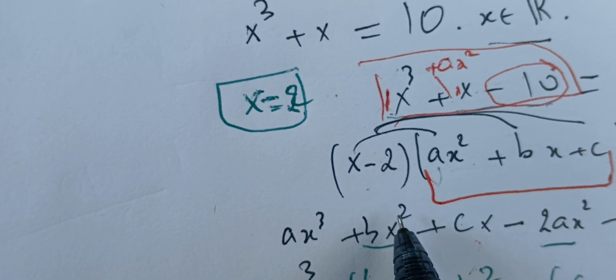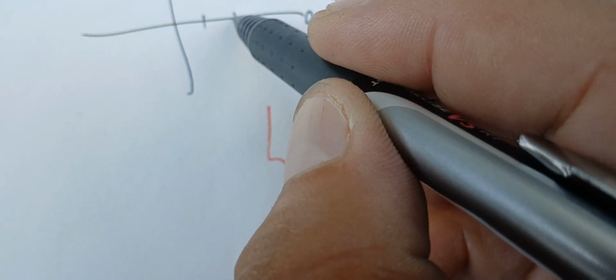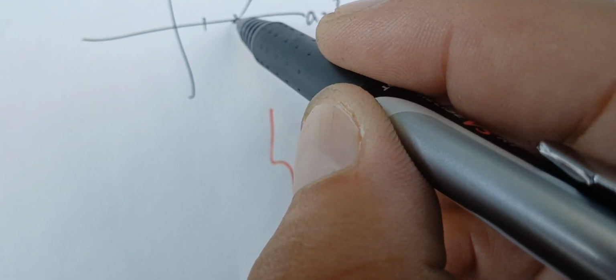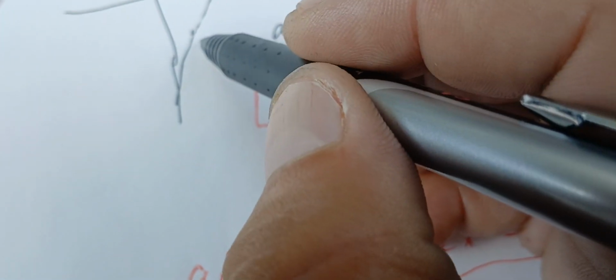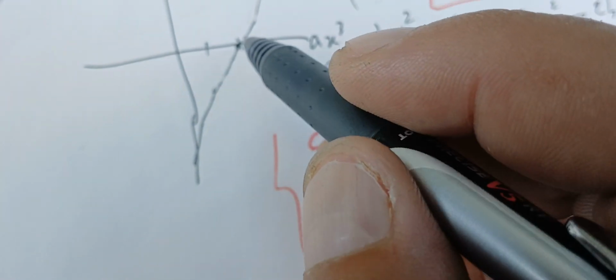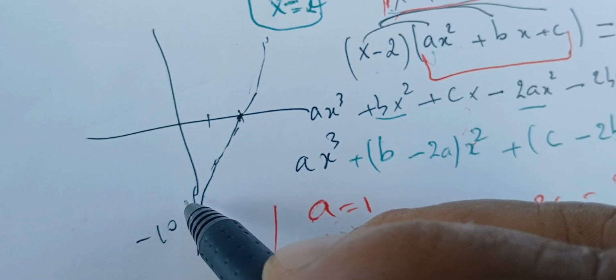If we try and graph this polynomial, we're going to see that we hit the x-axis at the point 2. And we go back until minus 10. This is just a quick overview.